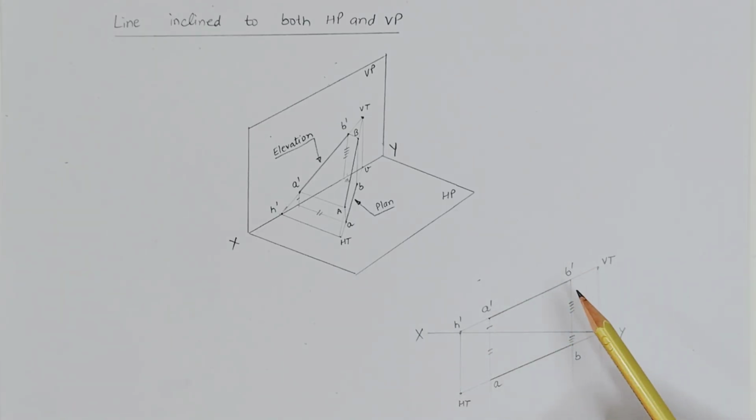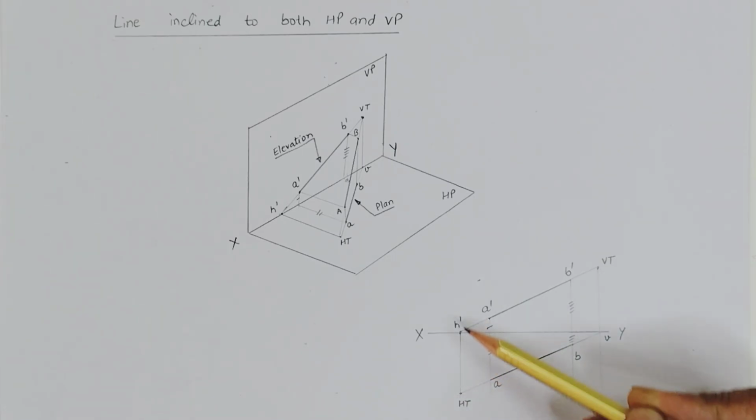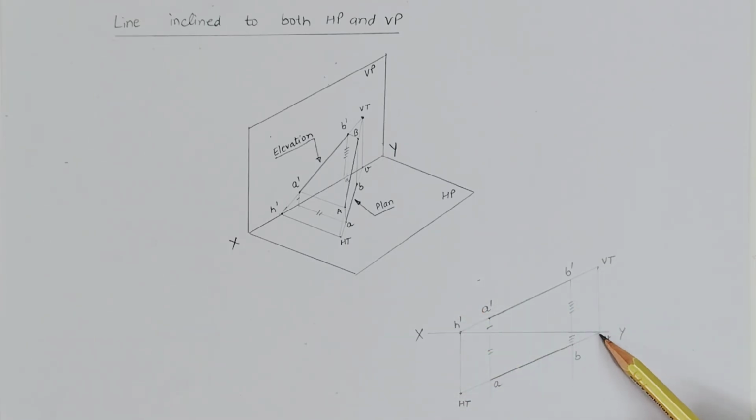Now we are going to find the values of VT and HT. For that we extend this line so that it intersects the XY. It intersects at this point, which we mark as H. Now we draw a projector to this point, and when we extend the plan of the line, they intersect at a common point called HT, the horizontal trace.